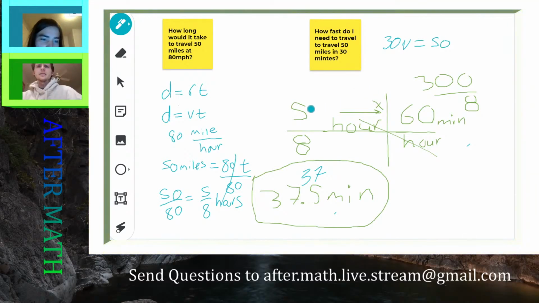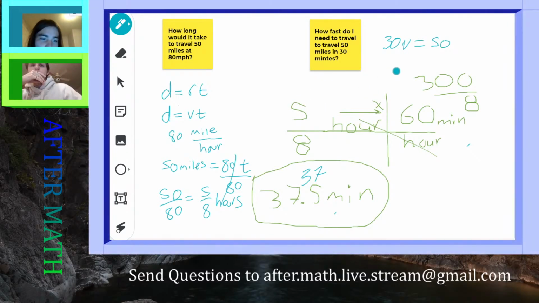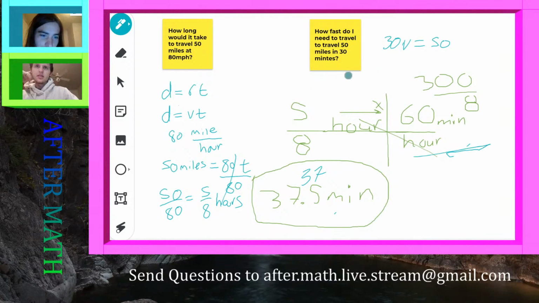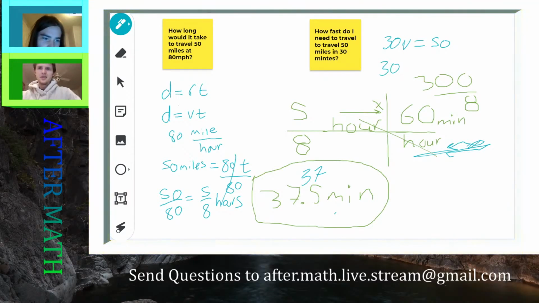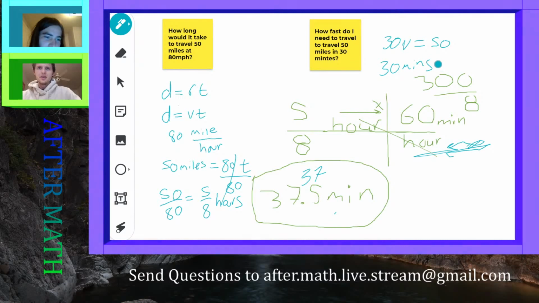Now, if you remember though, we probably want this in miles per hour because we're in the United States and that's pretty standard. So we need to change our time again from 30 minutes to hours.